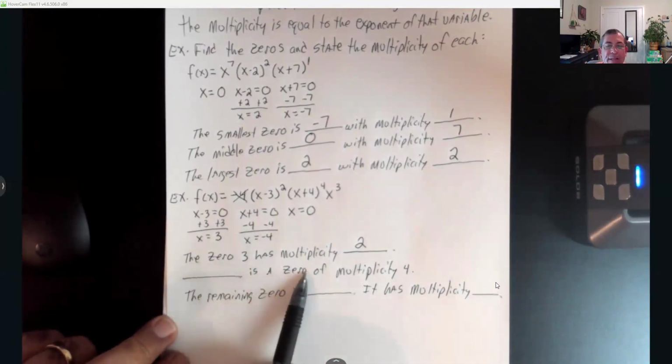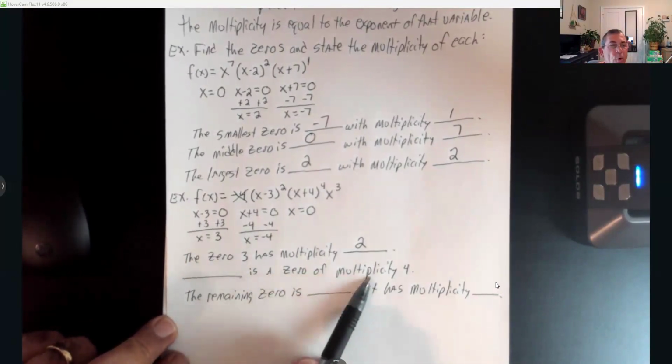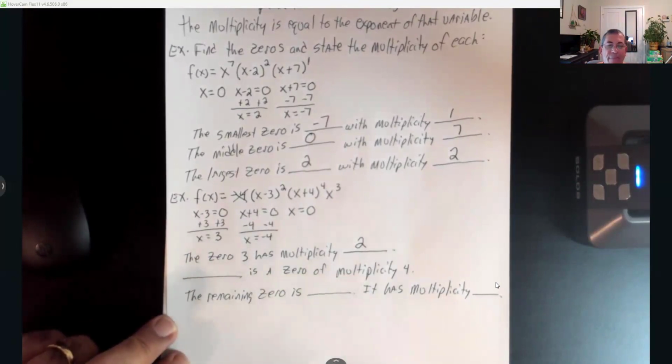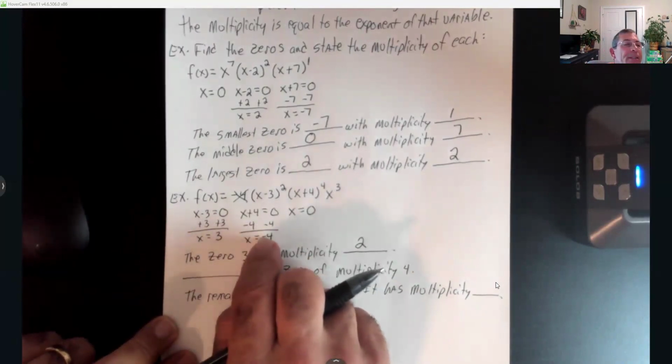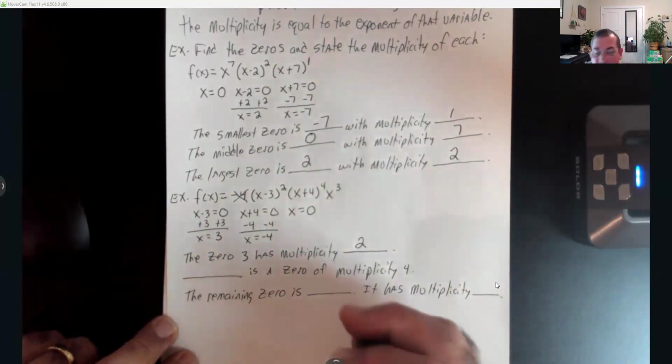Blank is a 0 of multiplicity 4. Oh, Macy, you're so close. There you go. Remember, we want the 0, not the factor. So the 0 actually was, you got that now? So negative 4.